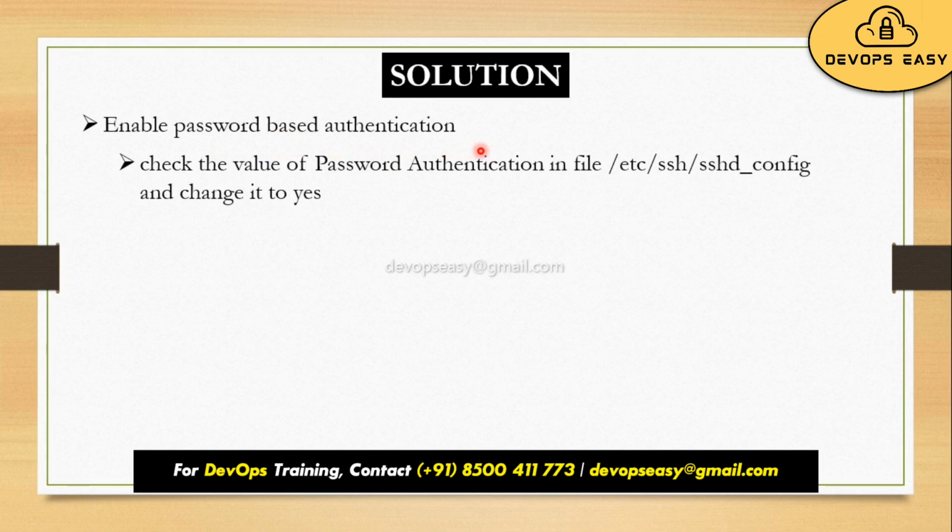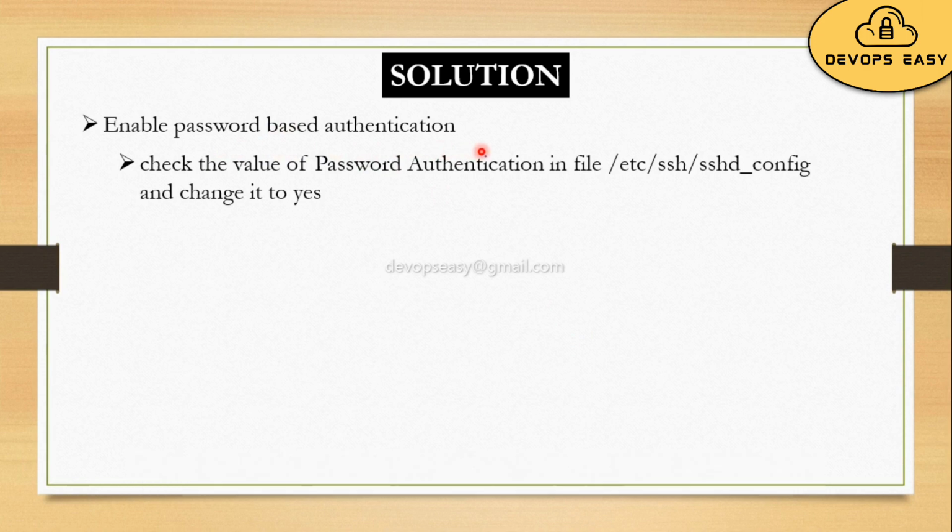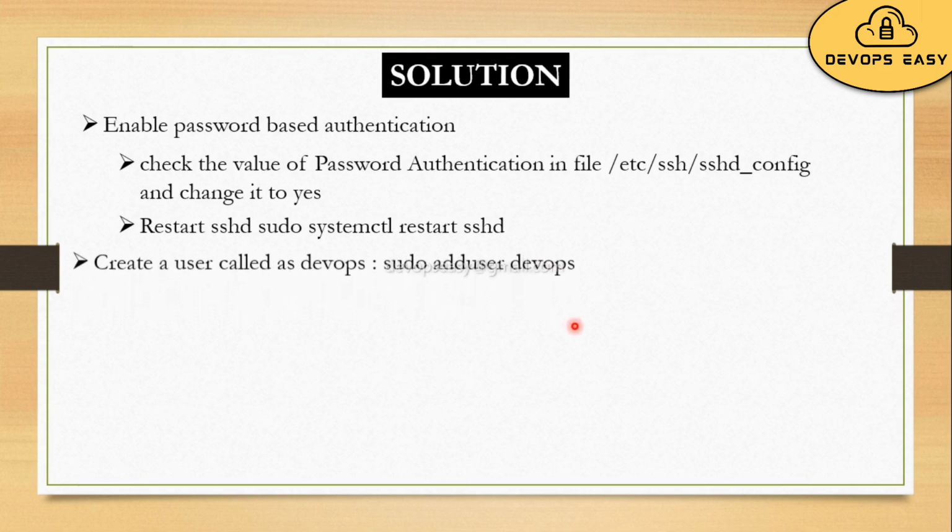To enable password based authentication, first you need to go inside this file and change the password authentication. By default it is disabled, so you need to enable it by giving yes. Then you need to restart the SSH service. I will show all this practically, then you will understand. Right now just watch what steps we are doing. I am showing it theoretically, then we will implement all these things.